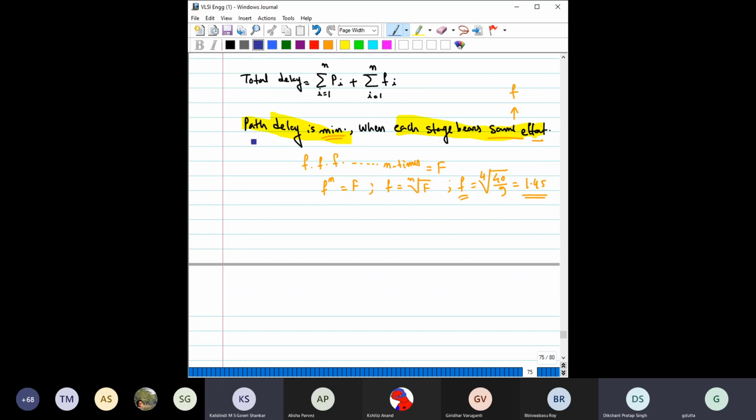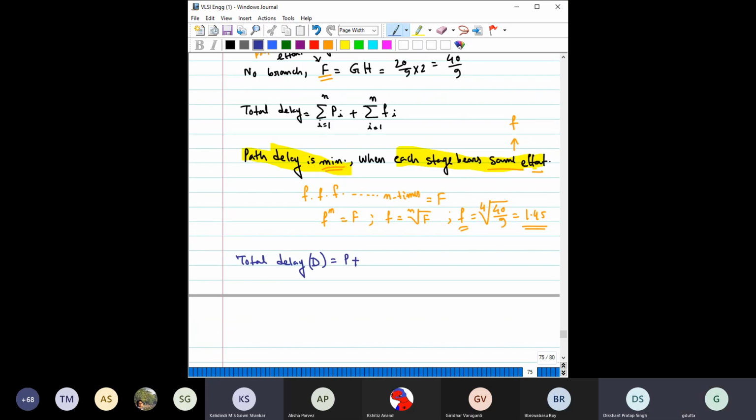So here too we can write the total delay, capital D, that we have written in terms of individual delay, parasitic delay plus the total. So this is basically the parasitic delay, so we will write it better as the summation of all this parasitic delay and the summation of all this f, right?